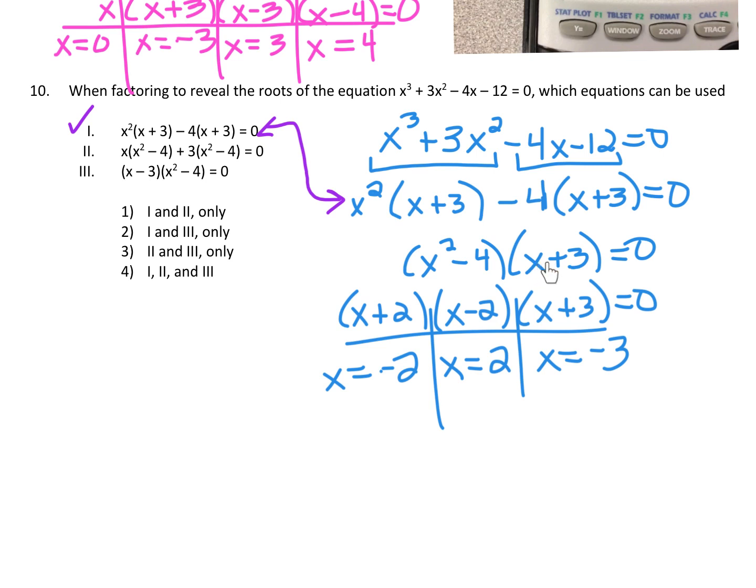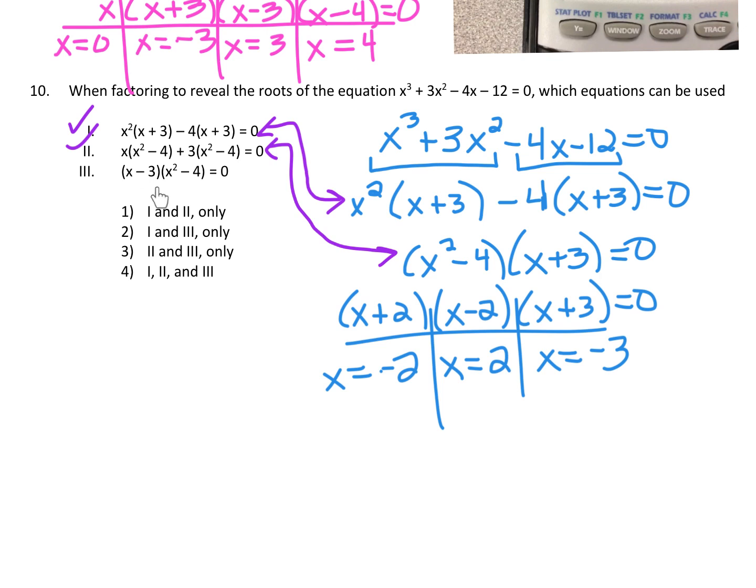And isn't that what we have right here? X plus 3 times x squared minus 4. Since the x squared minus 4's match up, that's one of our factors. And then you take what's in front of them, so the x plus 3, and you group it as another. So this right here is equivalent to what we have right there. So equation 2 works out.